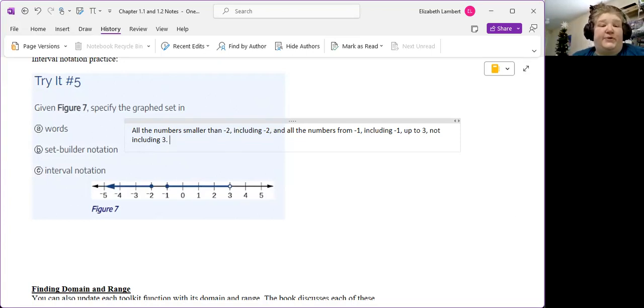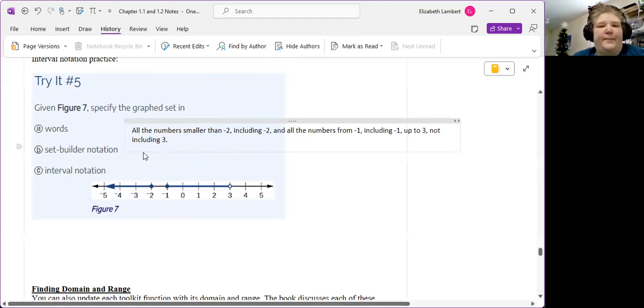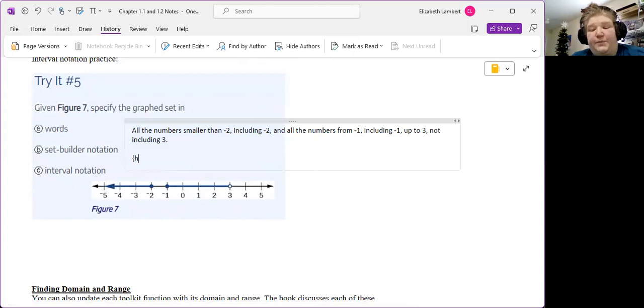Now, set builder notation. Should be able to put this here. So there's our curly brace. The set of all x, the letter you pick there doesn't matter. Then we put a vertical line, which on my keyboard is to the right of the brackets button, there is the other slash and then the vertical line.